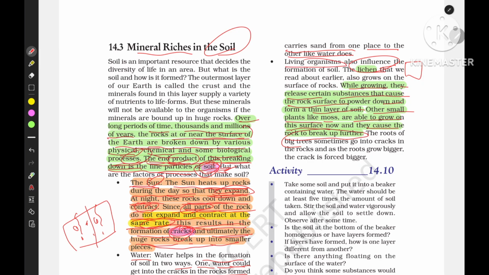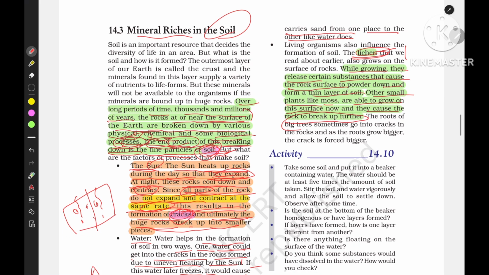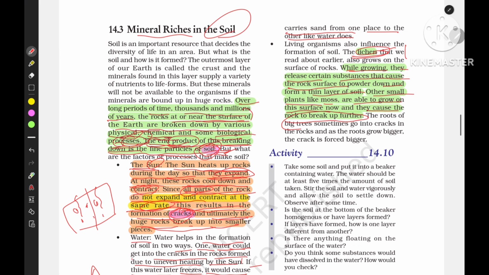And about living organisms: these were the physical and chemical processes, and sometimes a biological process also converts rock into soil. The major example is lichens. These lichen-like organisms, while growing, release a certain substance that causes the rock surface to powder down and form a thin layer of soil.